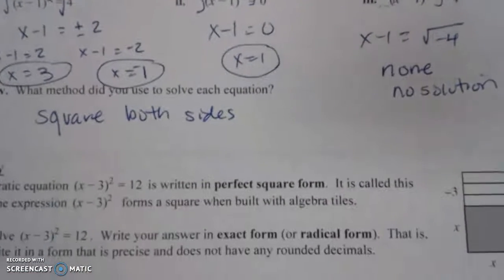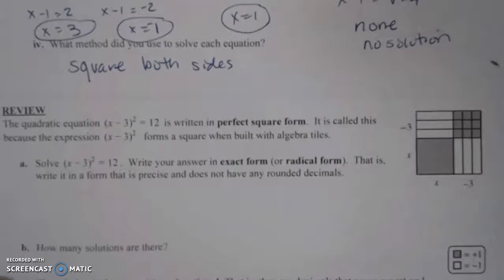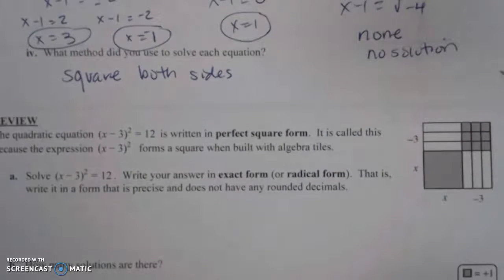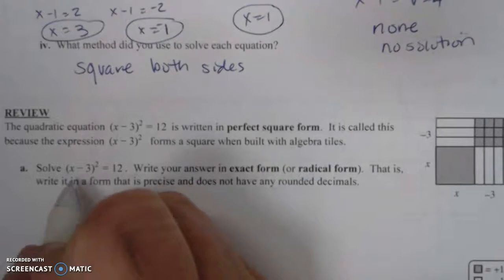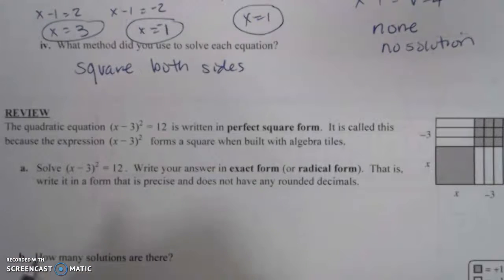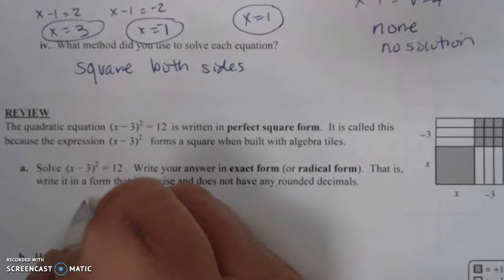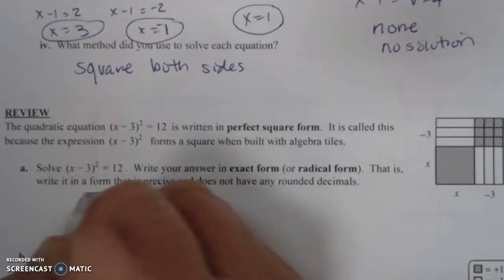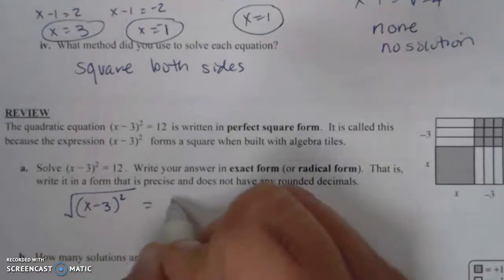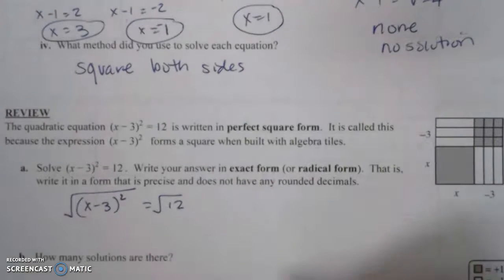Let's look at this next problem. They do have a picture of algebra tiles, but we can do this without algebra tiles. We're going to solve this the same way we did those problems up there. We're going to take x minus 3 squared and take the square root of it. If I take the square root of one side, I have to take the square root of the other side.